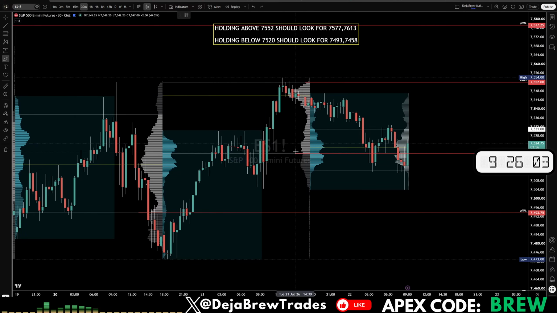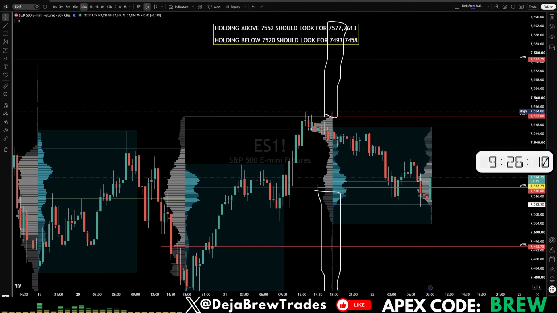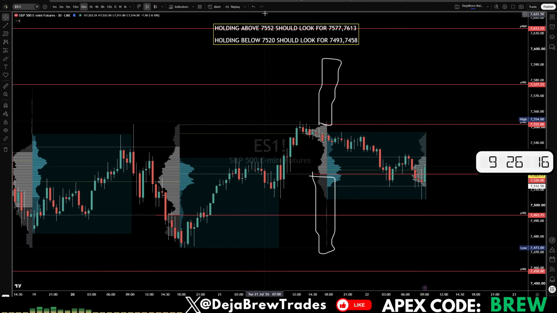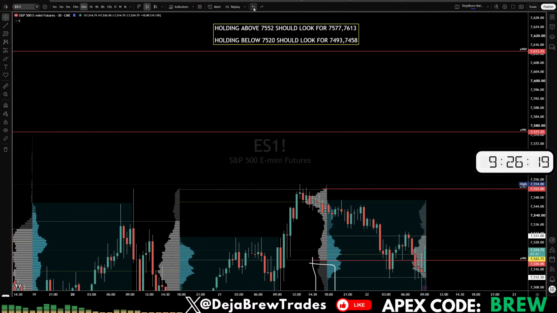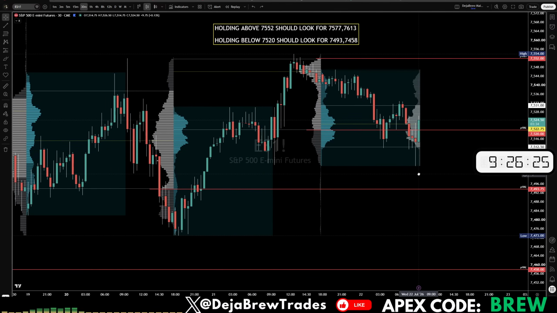So if we take that lower tail and draw that out to the upper tail, it would probably be somewhere around that 590 to 600 area. So keep an eye on that for a tail extension. But for now, you have that slightly bearish bias if we stay below that 520.